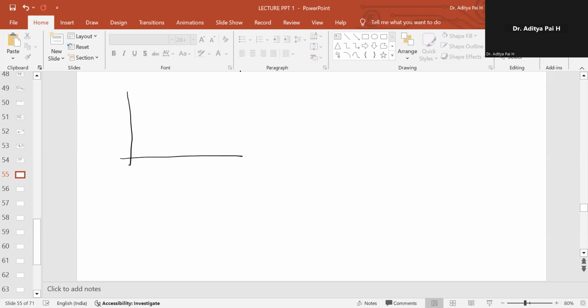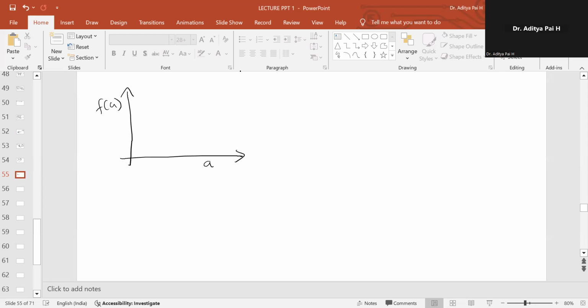Let's take x and y. Consider the value a, and the output is f of a. So for the input a, we have to calculate the function f of a.